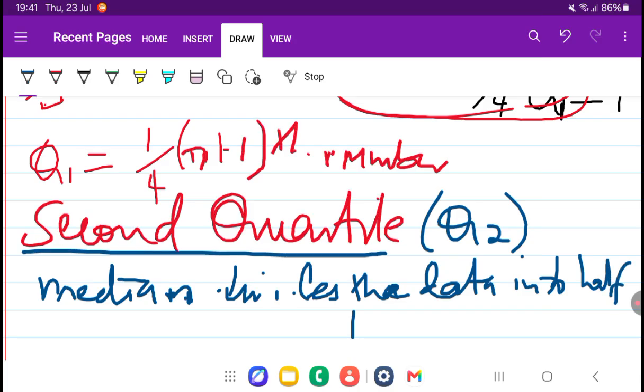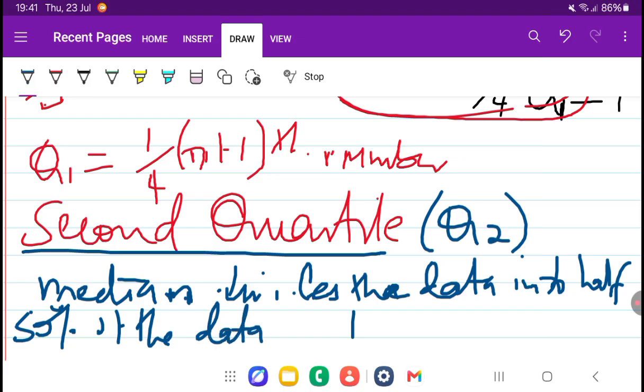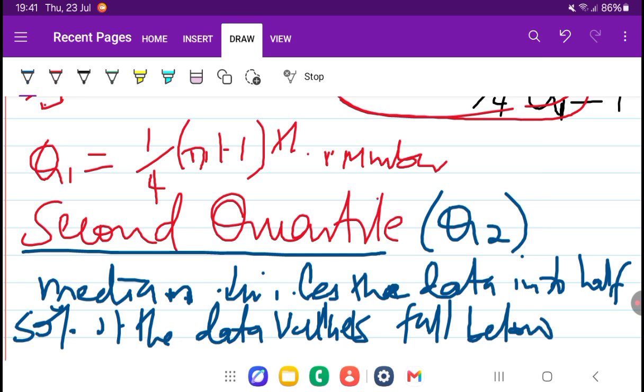So it means that 50% of the data values fall below the median. That is the implication: 50% of the data set falls below the median.